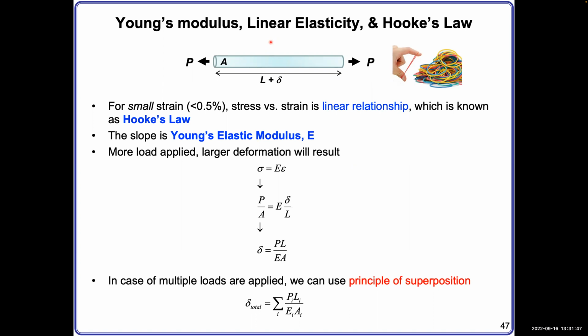Bar and beam are different. Bar usually means a slender object, a thin object that is really thin. You can view it as a one-dimensional structure. It is so thin that it can only sustain axial force, only the force along its length, along its axis.